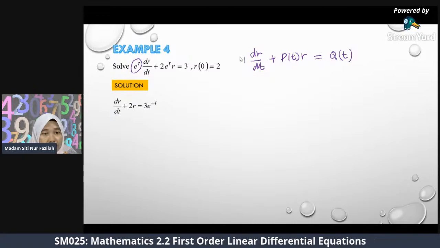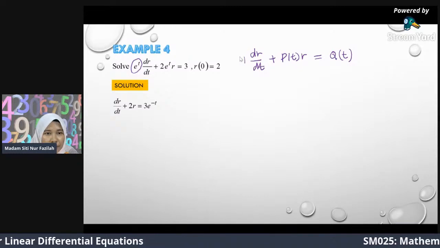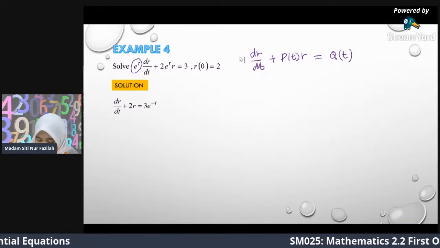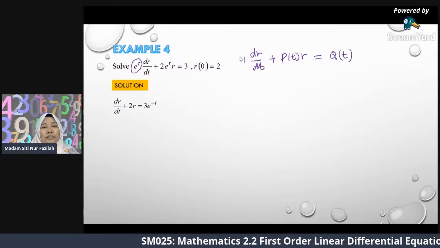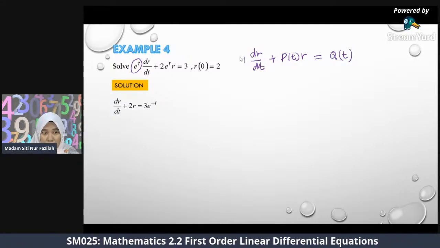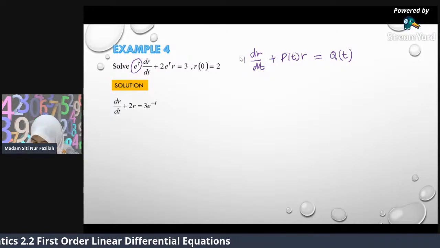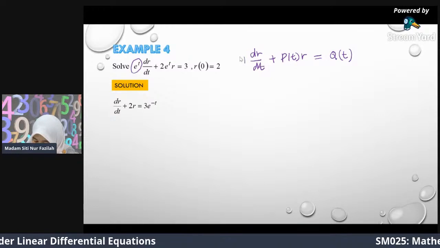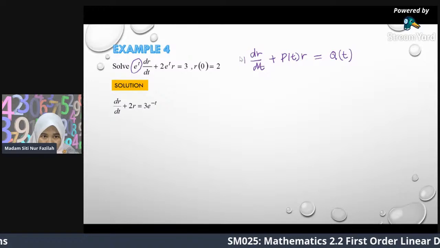That's why we can get dr/dt + 2r = 3e^(-t), when we divide by e^t on both sides.